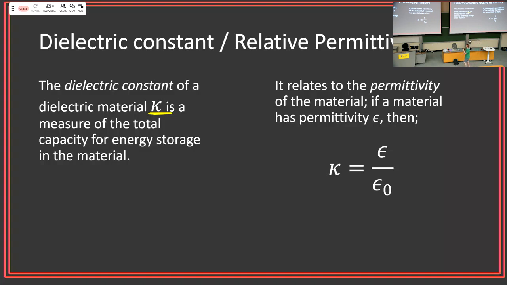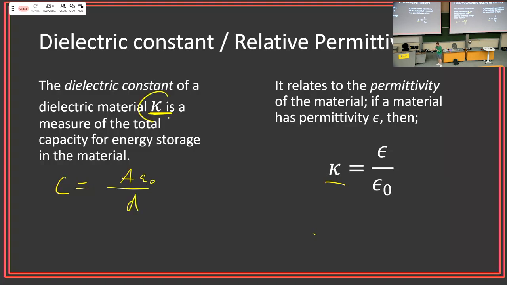Or even lazier, if K is the ratio of epsilon to epsilon naught, then any system where you replace the air with a dielectric of dielectric constant K, like for example, let's say we had the capacitance of a regular capacitor, which was A epsilon naught over D. That's the capacitor if it's full of air.